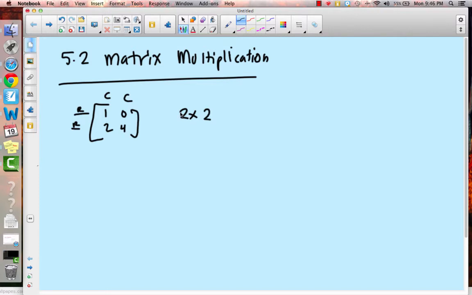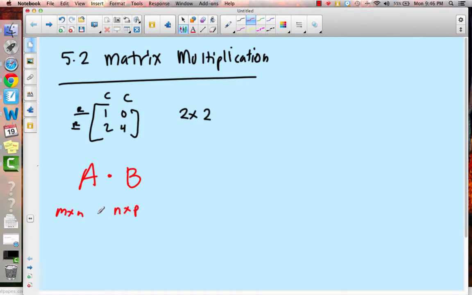So if I'm going to ask you to multiply matrices, for example, remember we use capital letters for matrices. So if I want you to take matrix A times matrix B, we're going to say that matrix A has dimensions m by n, and m and n are just any numbers, so the rows and the columns, and matrix B is an n by p.